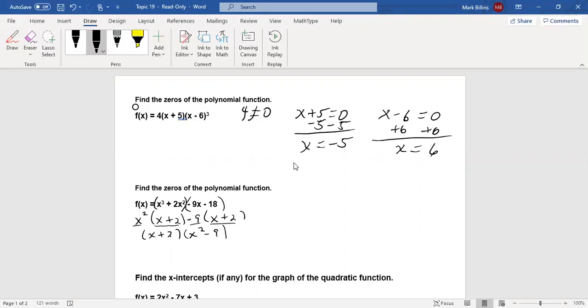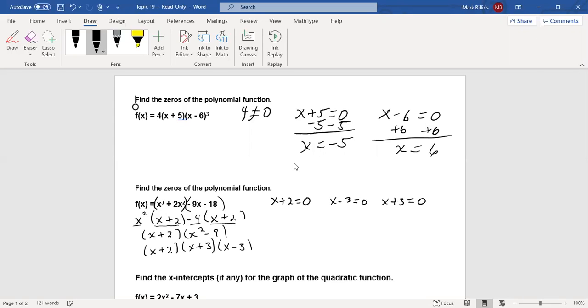Now keep in mind, x squared minus 9 is the difference of squares, so we can factor that further. So our factors would be x plus 2, x plus 3, and x minus 3. The x plus 3, x minus 3 is the factored form of x squared minus 9. So now to find the zeros, we set each factor equal to 0 and solve.